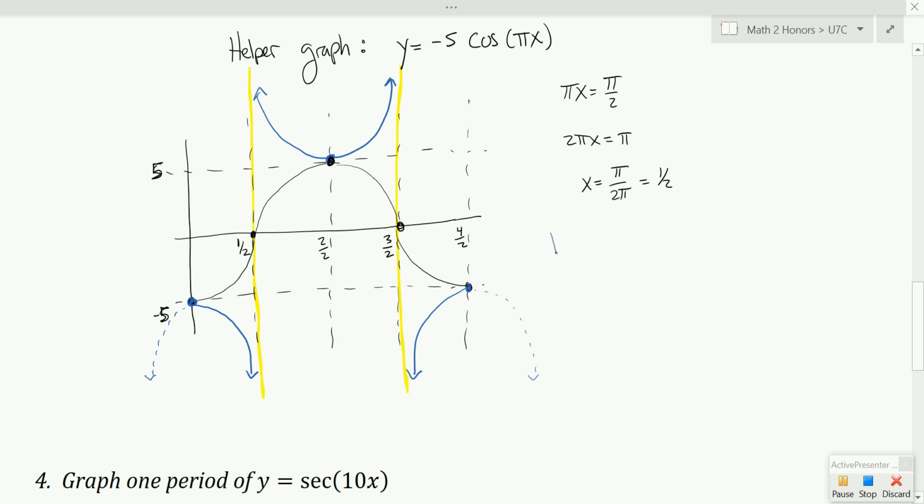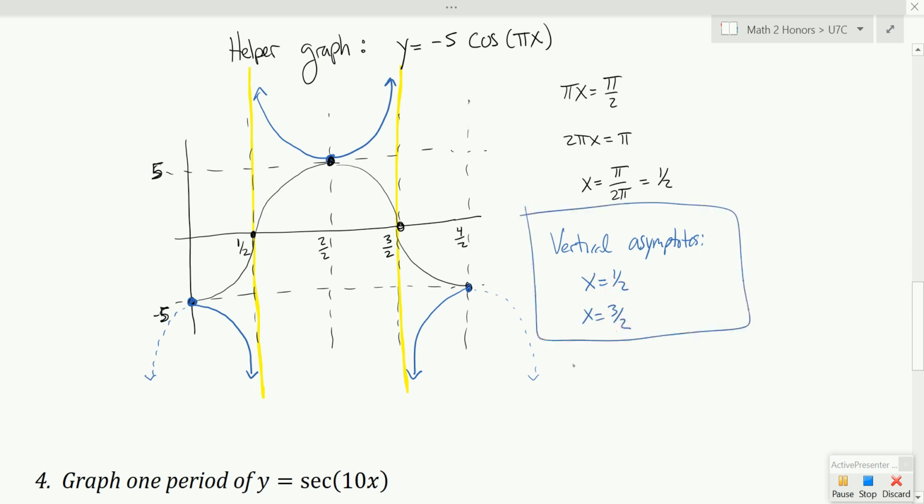Okay, so our vertical asymptotes: x equals 1/2, and x equals 3/2. The period of this function is what? 2. And our gap, go ahead and write down what the gap is.